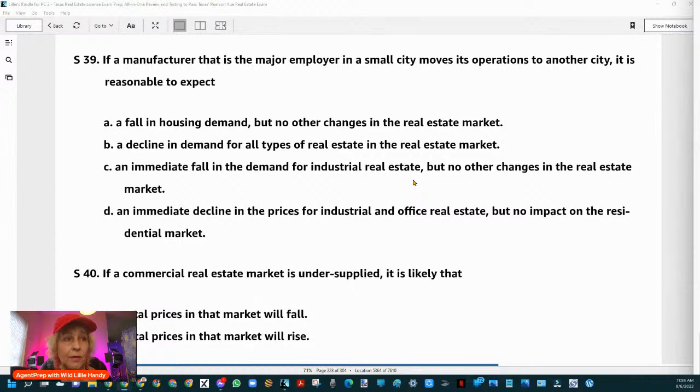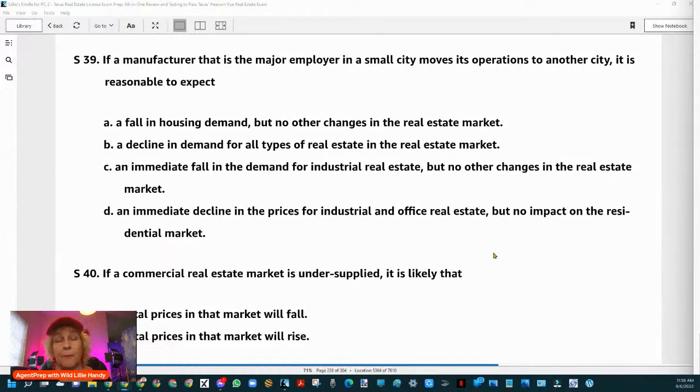It can, okay, but the main thing, it's going to impact real estate, housing, within that town. And then others answered D, an immediate decline in the prices for industrial and office real estate, but no impact in residential market. No, if you don't have an employer providing jobs for the local employees that live there, people are going to start moving away.